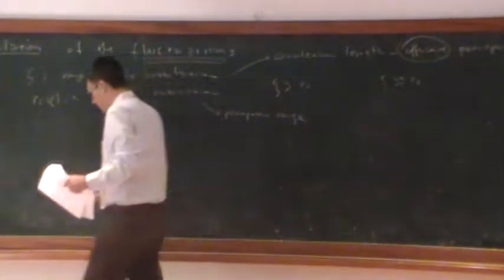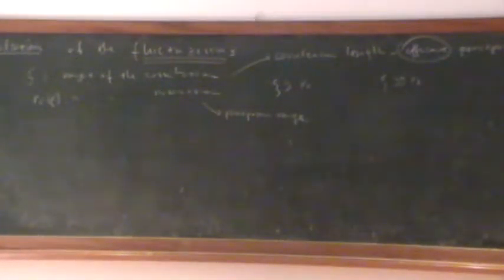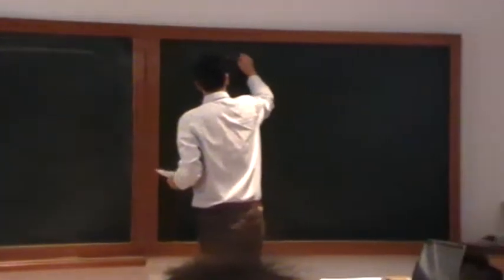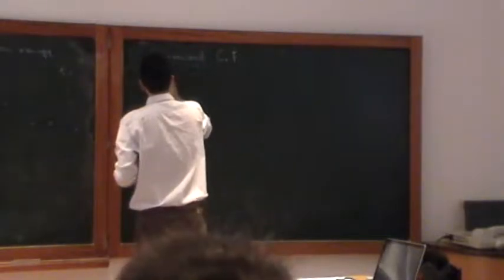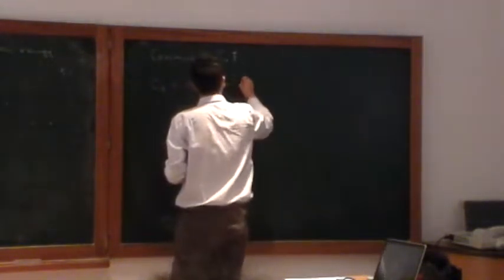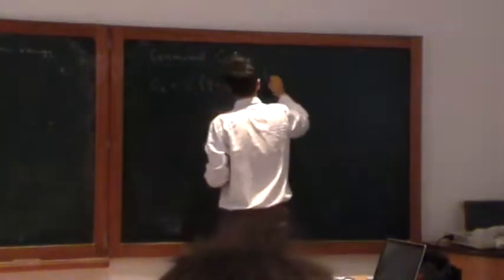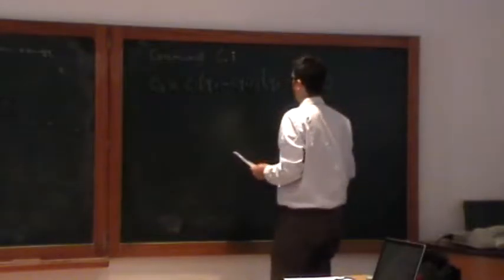Okay? So how do we now define the correlation function? The connected correlation function, define it this way: C_ij equals the average of (phi_i minus average phi_i) times (phi_j minus average phi_j).